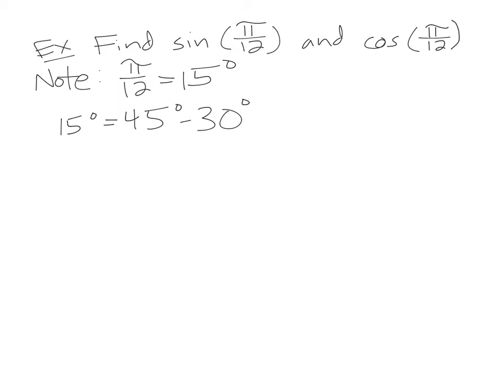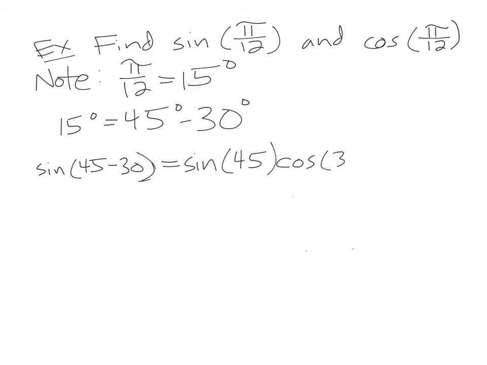So here we go, using the second one of those identities, the sine of 45 minus 30 equals the sine of 45 times the cosine of 30 minus the cosine of 45 times the sine of 30.